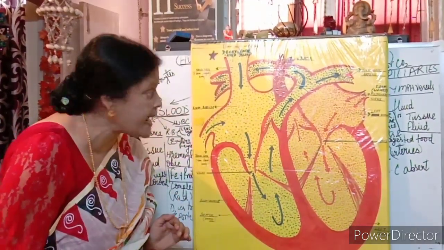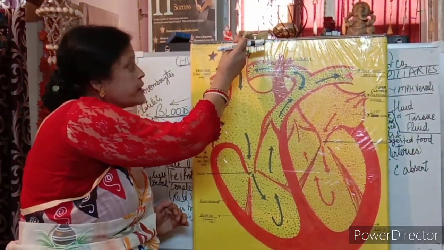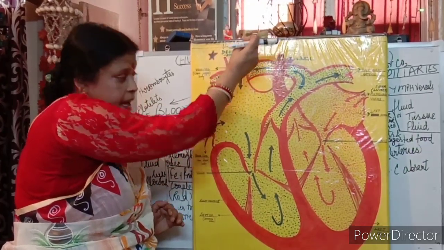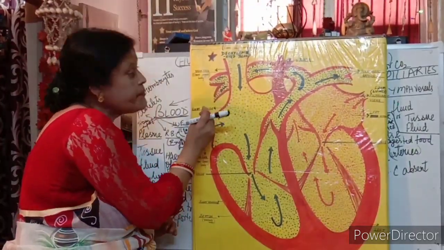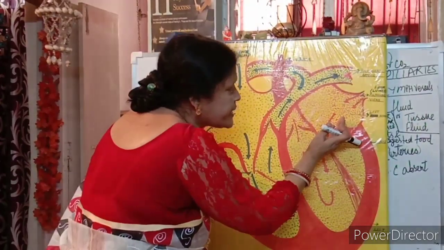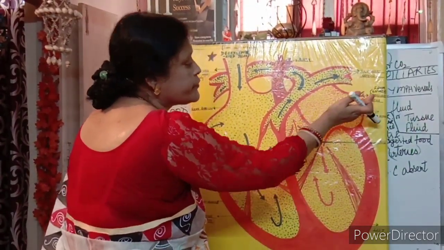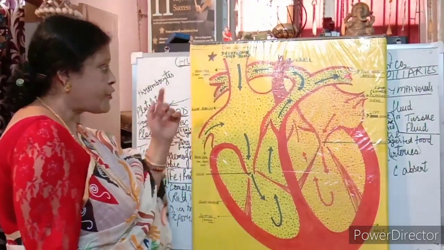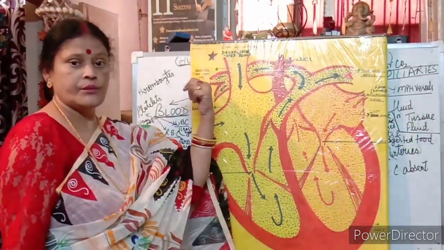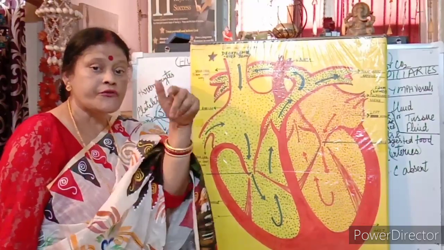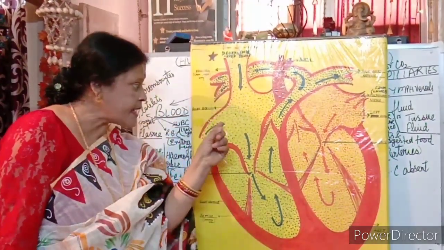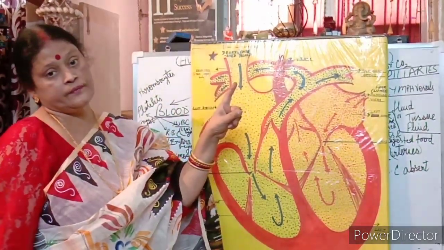When the heart is relaxed, the deoxygenated blood from different parts of the body enters into the right atrium, along with the oxygenated blood from lungs enters into the left atrium through pulmonary vein. From, into, through. बस आपको ये 3 चीज याद रखना है. From कहां से आ रहा है, किसके अंदर आ रहा है, किसके थ्रू आ रहा है.